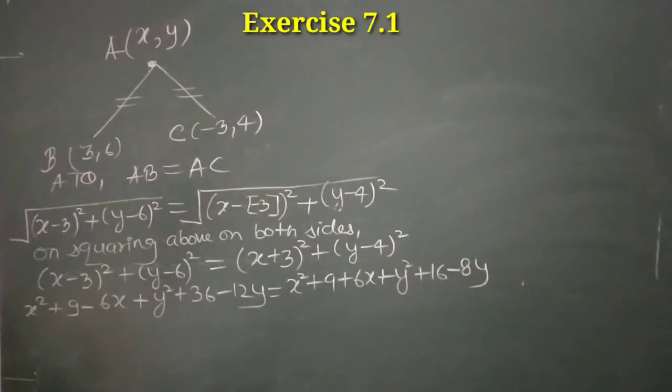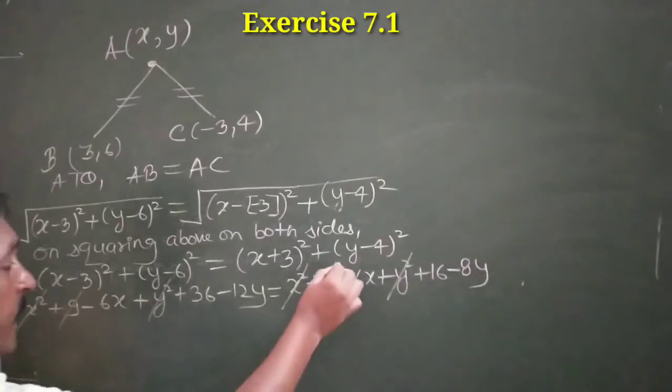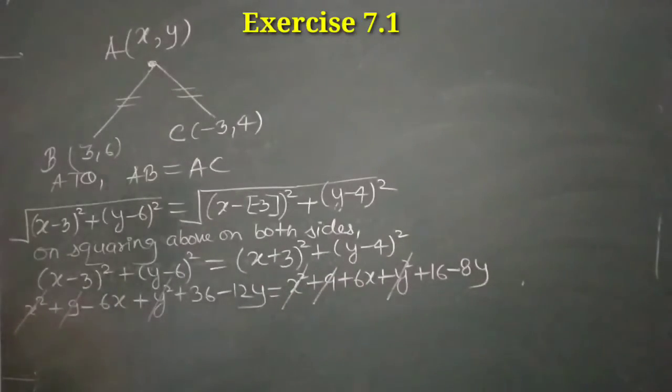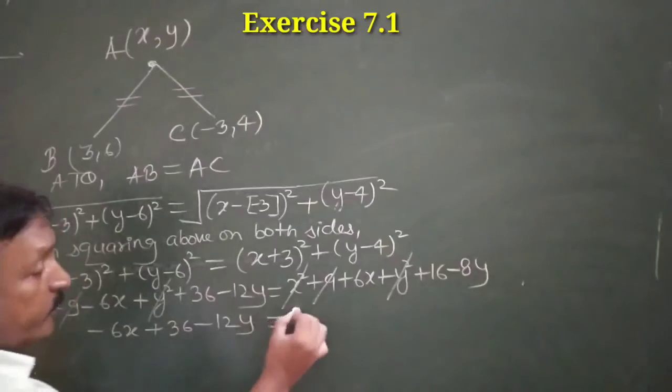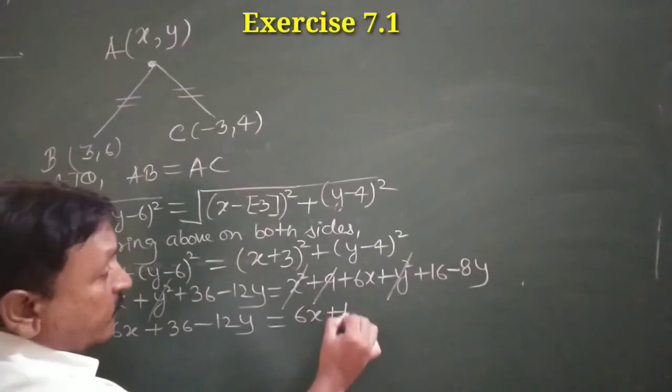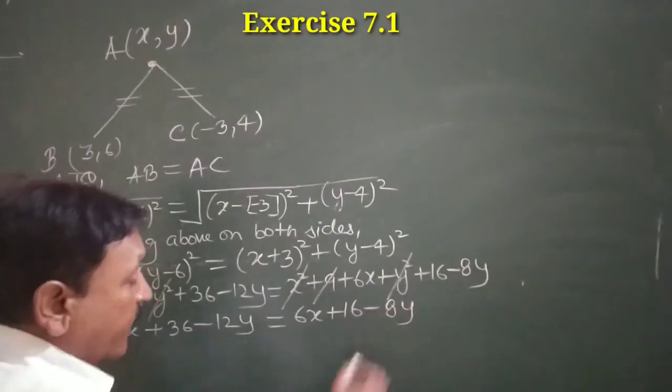Now cancel the same things. x square is cancelled by x square, y square is cancelled by y square, 9 is cancelled by 9. Anything else? No. Just copy it. Minus 6x plus 36 minus 12y equals 6x plus 16 minus 8y.